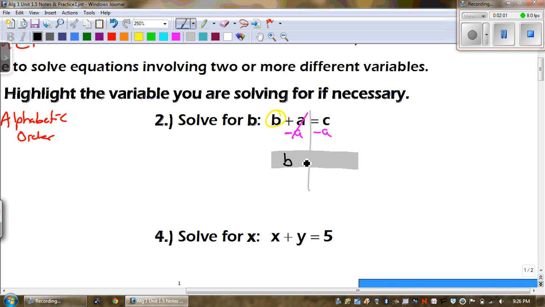So we have b equaling. Now we said alphabetical order. So what type of a is that? Well, it's a negative a. But what type of c is there? There's no sign in front of it. If there's no sign in front of it, it's positive. And that's where we get b equals negative a plus c.